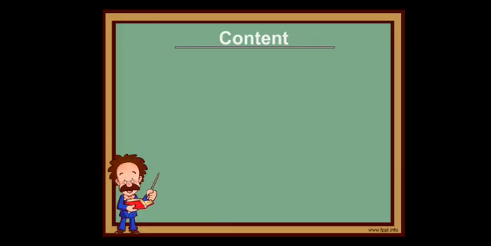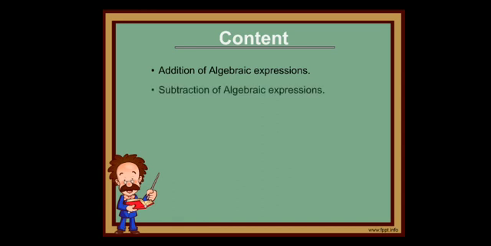Okay, so today we are going to learn addition of algebraic expressions, subtraction of algebraic expressions, and we are going to solve some problems. So first let us see how to frame an algebraic expression when word problems are given. When a situation is given, how to frame an algebraic expression for that situation.